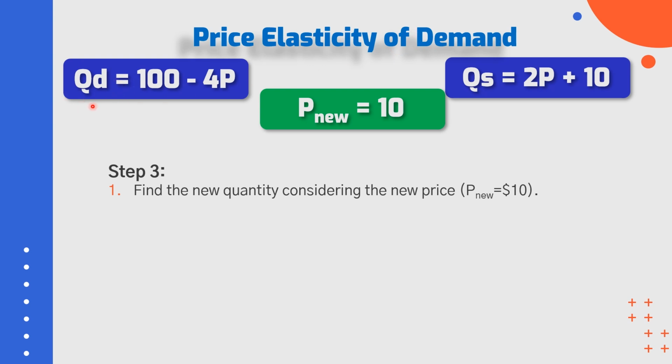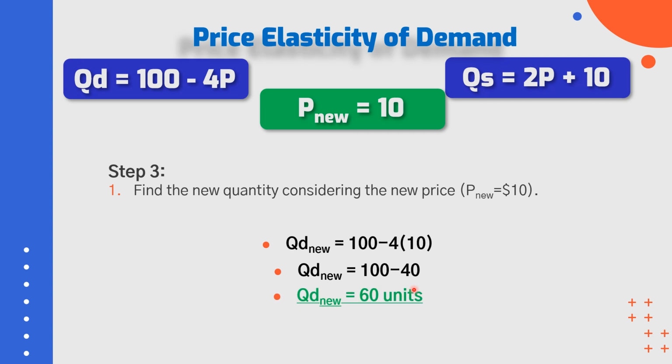We need to substitute 10 instead of this variable. 100 minus 4 multiplied by 10 gives us 100 minus 40, 60 units. So given the price at the level of $10 per unit, the quantity demanded would be 60 units. So the lower the price compared to the initial equilibrium one, the more units are demanded on the market.